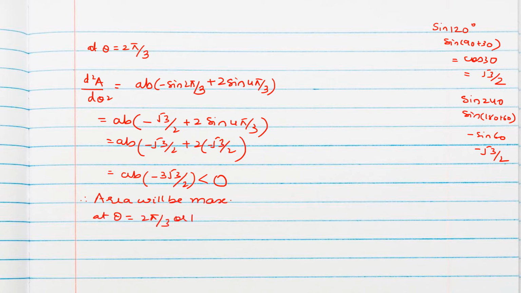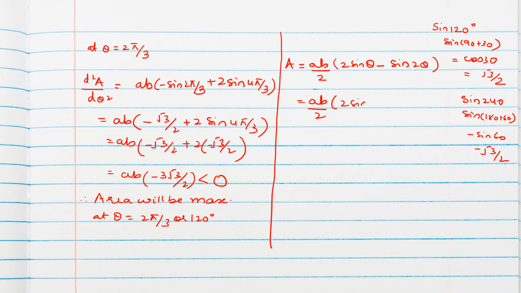Okay. Now we have to find the maximum area also. So we know area, for area we got one expression which is AB by 2 sine theta minus sine 2 theta. Okay. So now theta value 2 pi by 3 will substitute here. So this will be 4 pi by 3.